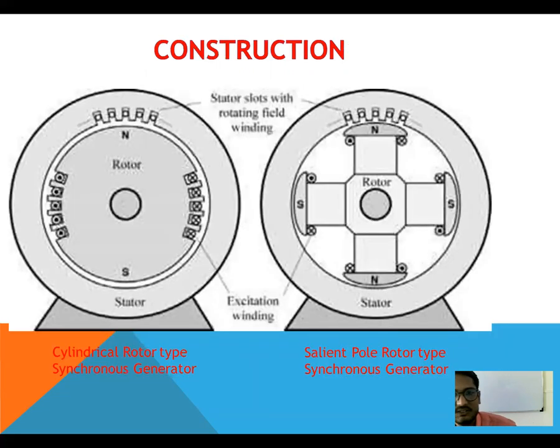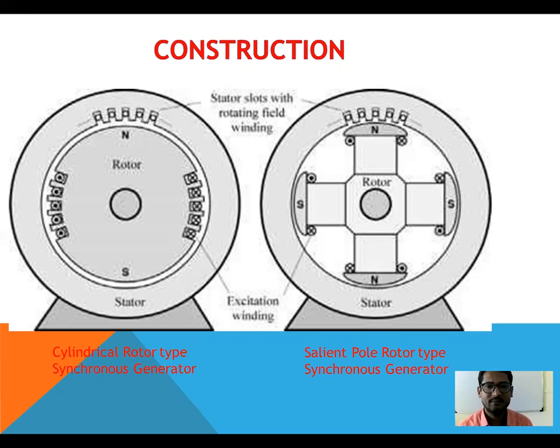Here is shown the construction of a synchronous machine. The stator consists of a stator winding and the rotor consists of a field winding. Here a four pole rotor is shown, which consists of four poles with field winding. Cylindrical rotor type and salient pole rotor type synchronous generators are shown here.